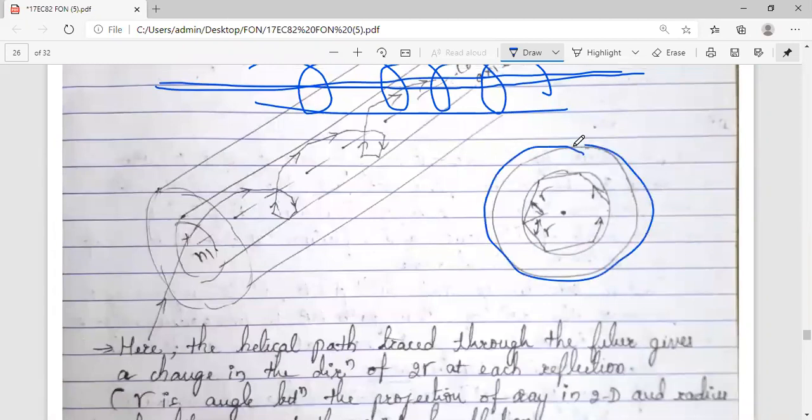The front view I showed you has 5 interfacing points where the ray hits and changes its direction. A ray coming from 2 to 3 hits at 3, and after that it comes to 4.